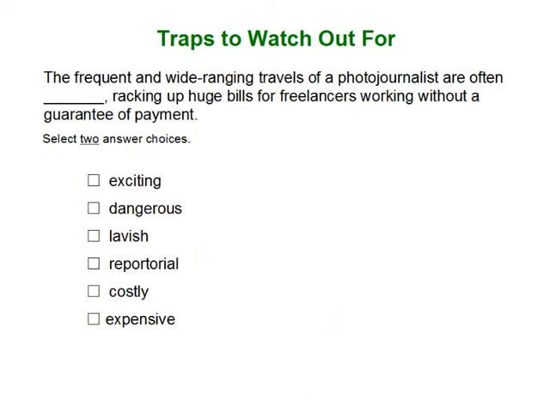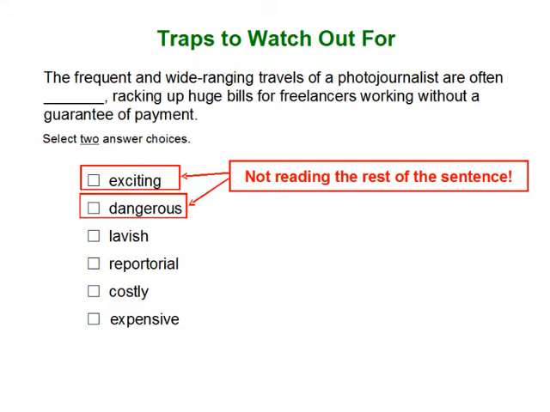So in this example, I think there are 2 great choices here if you don't read the whole sentence. So the frequent and wide-ranging travels of a photojournalist are often awesome. Okay? And then, of course, the first 2 choices right out of the gates are exciting and dangerous. This would be succumbing to a big problem that we discussed last week of not reading the entire sentence first.